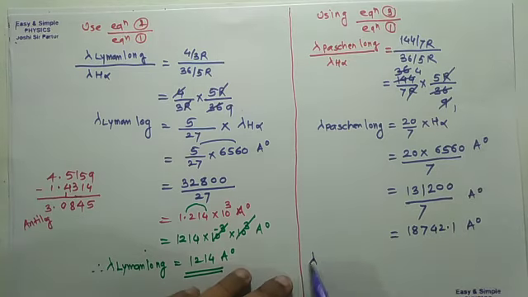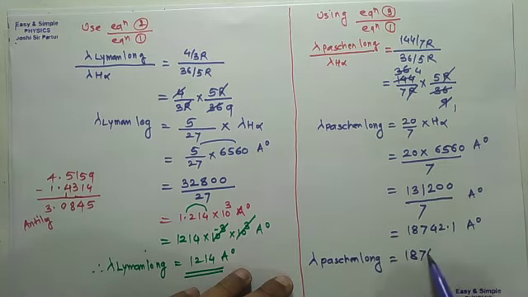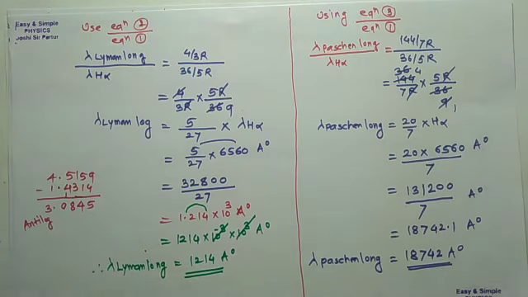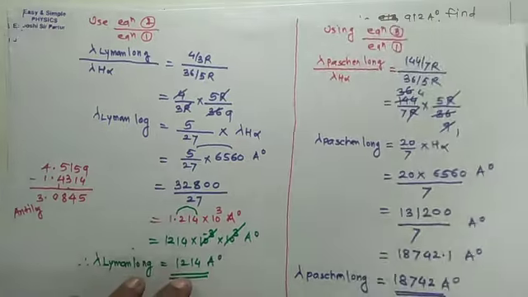So longest wavelength in Paschen series will be 18742 angstrom unit. That is the longest wavelength in Paschen series.